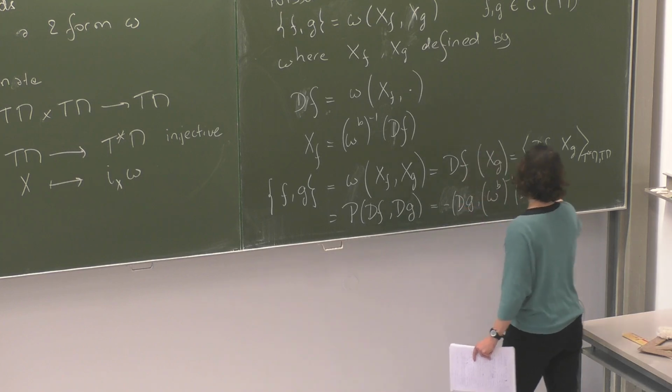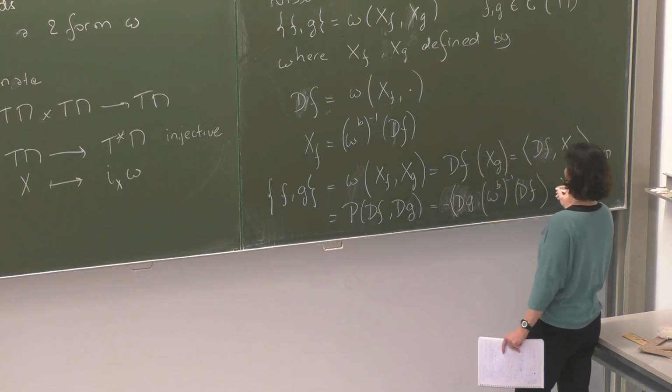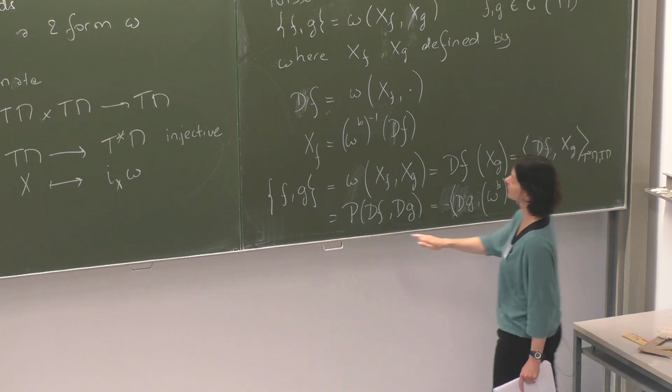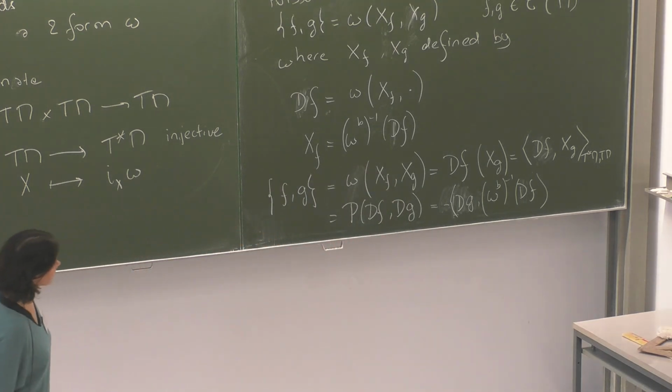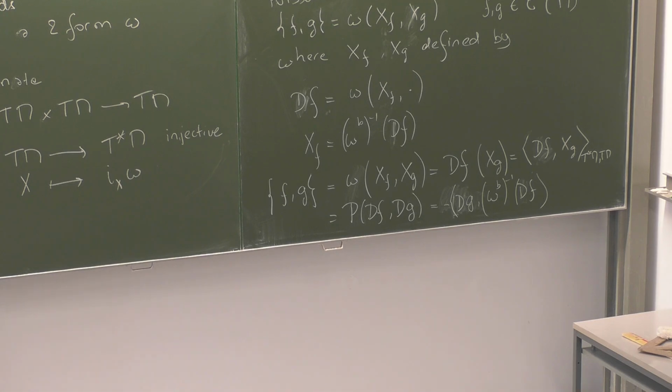Try to keep the same notation like this. Yeah, so perhaps I have a sign here. So here there is a tensor P, and we will define it a bit later, which is the Poisson tensor in this case, which is actually exactly the inverse of the flat map of the symplectic form.